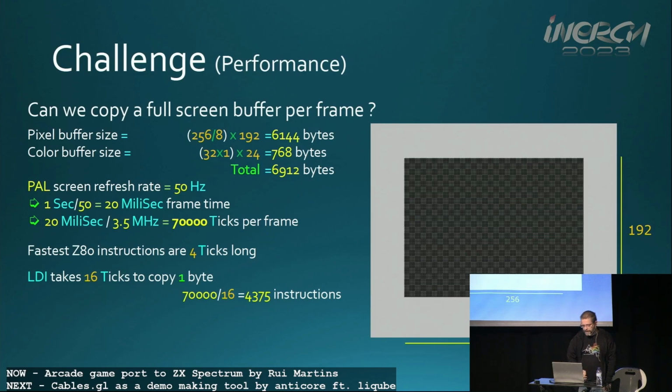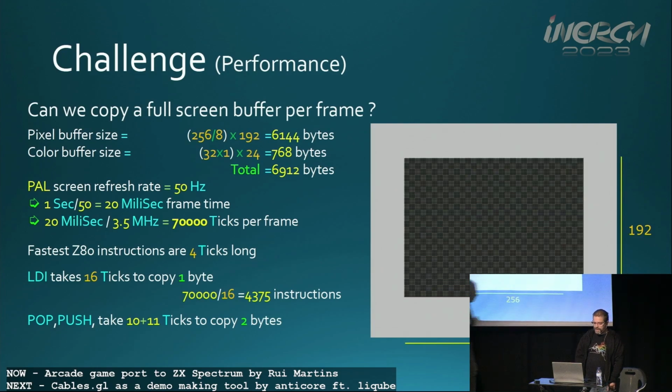So if we divide these 70,000 ticks by 16, worst case, we will get a little bit over 4,000 instructions. And if we actually look at the fastest way to push stuff into memory, it's using the stack with pop and push instructions that will allow us to copy 2 bytes. We get about 3,000 and something instructions per frame.